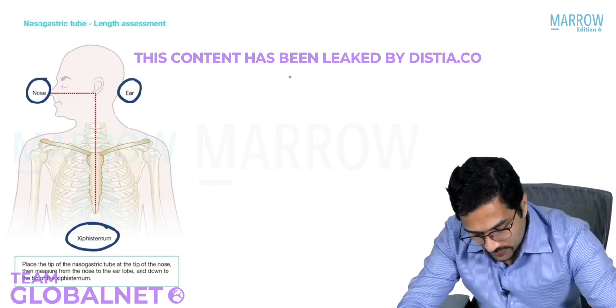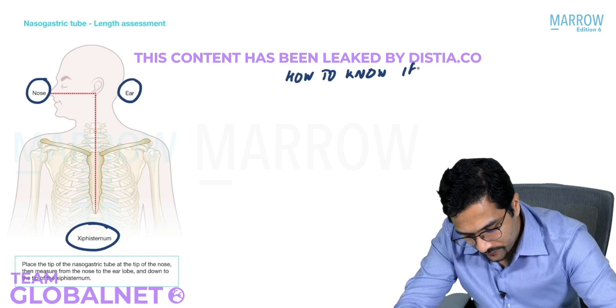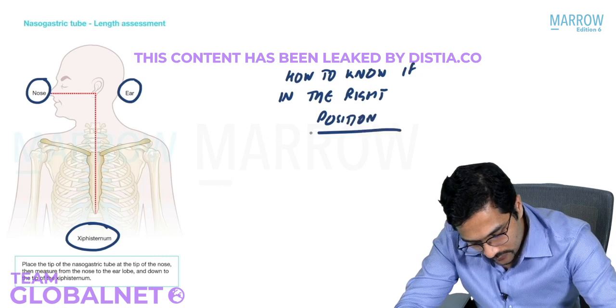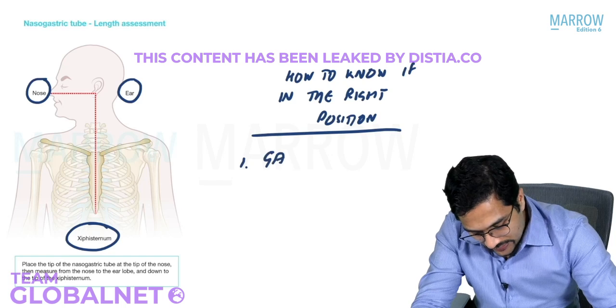Now, how to know if the Ryle's tube is in the right position? So, number 1, when you put in the Ryle's tube, gastric contents can be aspirated.